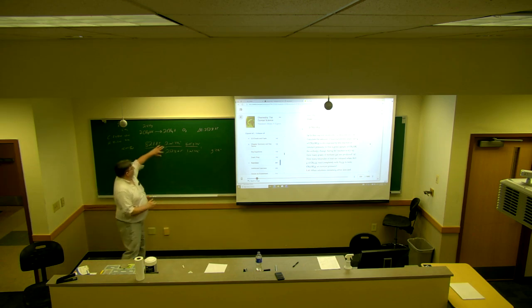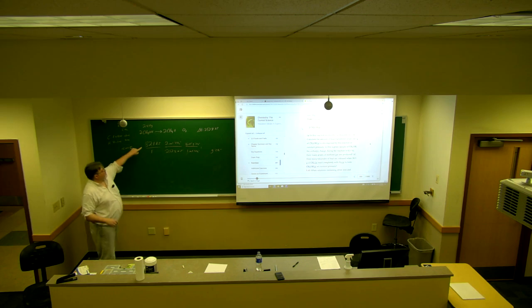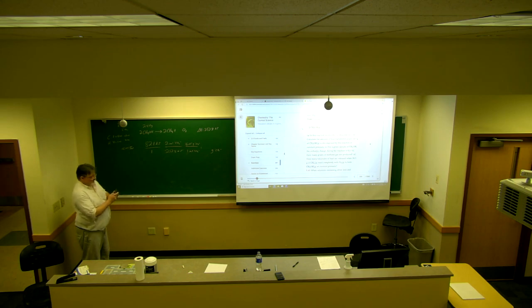How many grams of methane? So there's that relationship involving this. This is the grams per mole, and this is the arbitrary number that's given to you as a problem. Divided by 252.8.